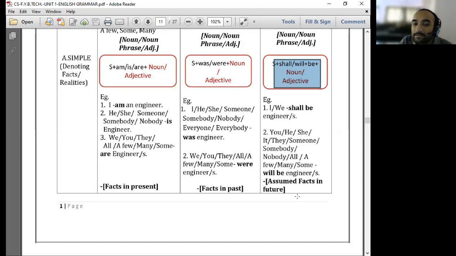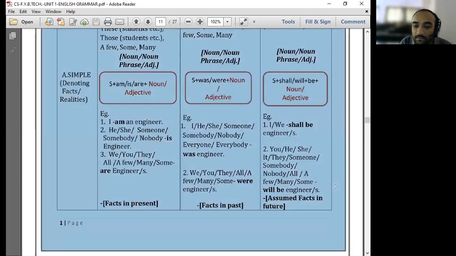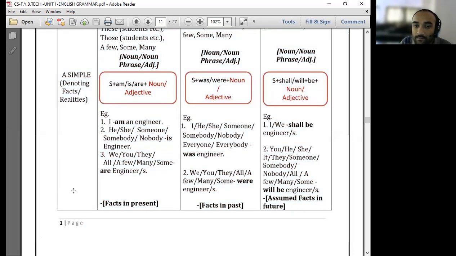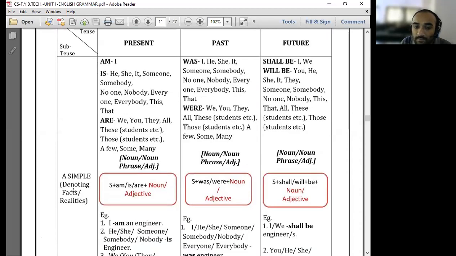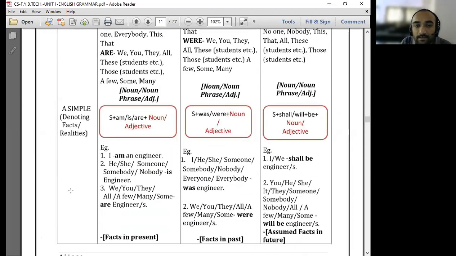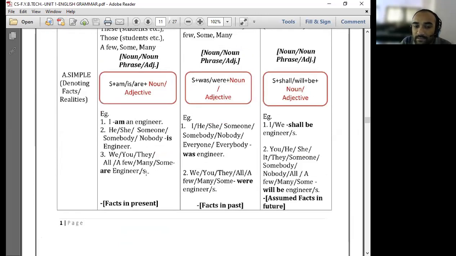So this is the structure of the simple future tense that we use. In the simple tenses, in the simple present tense, the facts in the present are denoted.